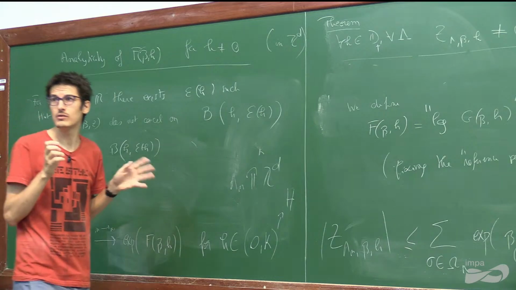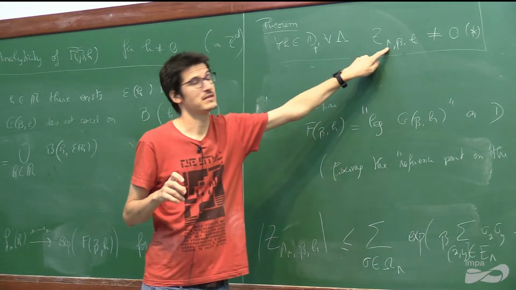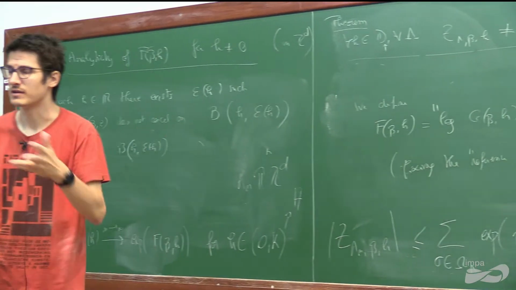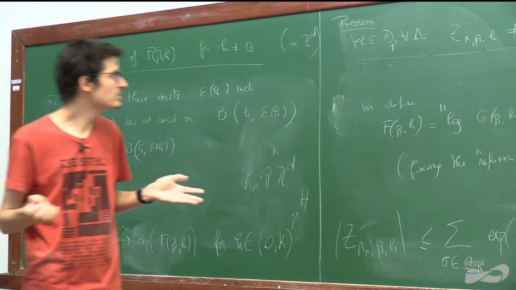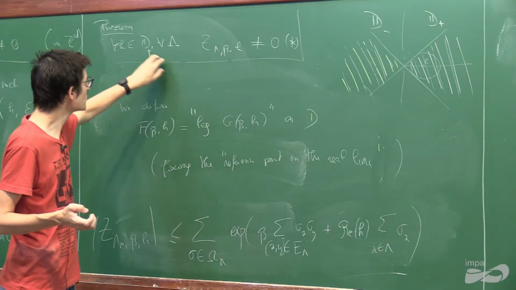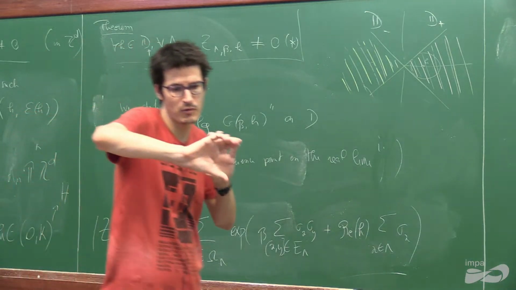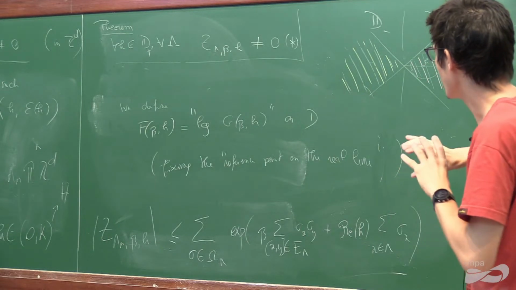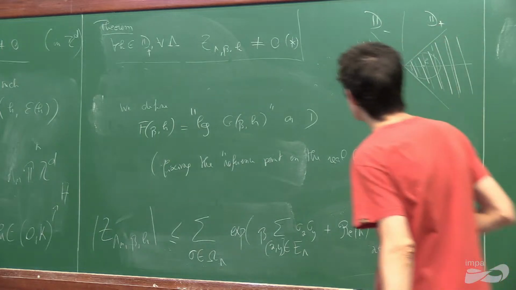The reason why you can't do that is because the neighborhood of the real line you will find will depend on lambda. And you need something that does not depend on n. You don't really need to show that it's true on D plus. You would need this only on a neighborhood of the real line if you're only interested in the fact that the free energy is real analytic.